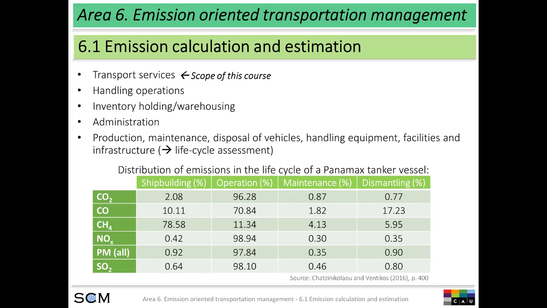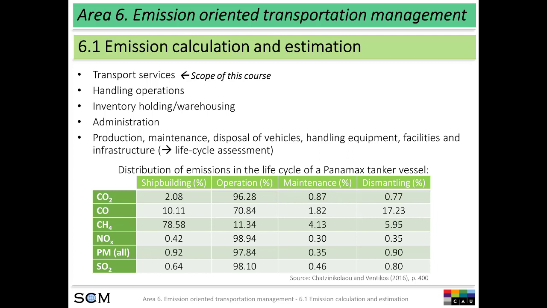In the lower part of the slide, we see an example of such a life cycle assessment for a Panamax tanker vessel. The table shows us shipbuilding, the operation, maintenance of the ship, and finally dismantling at the end of the lifetime. We see a number of types of emissions: carbon dioxide, carbon monoxide, CH4, NOx, and so on. And from this table we see that these emissions are caused to different extent throughout the four life cycle stages.